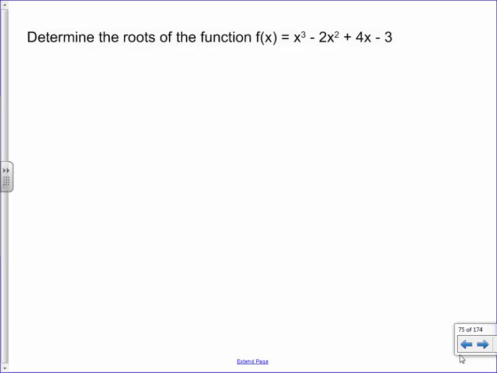I've only actually had you guys check positive numbers. So you should probably check positive 1 and positive 3. But if positive 1 and positive 3 don't work, don't forget to try checking a negative 1 and a negative 3.